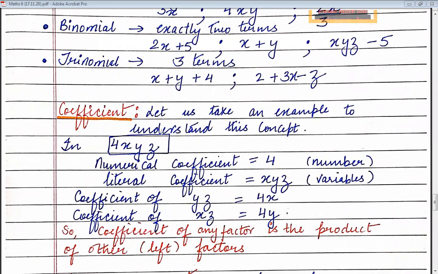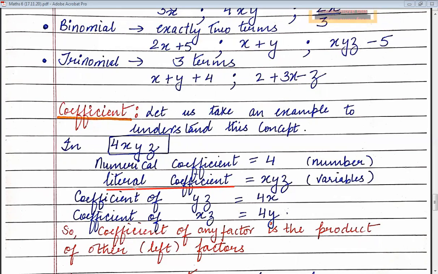Now let us see. The first thing is numerical coefficient. Let us discuss what numerical coefficient is. Now children, the numerical coefficient of any term is the number itself. What is the number of that term? So here it is 4. So what is the numerical coefficient? 4. Now let us discuss literal coefficient.